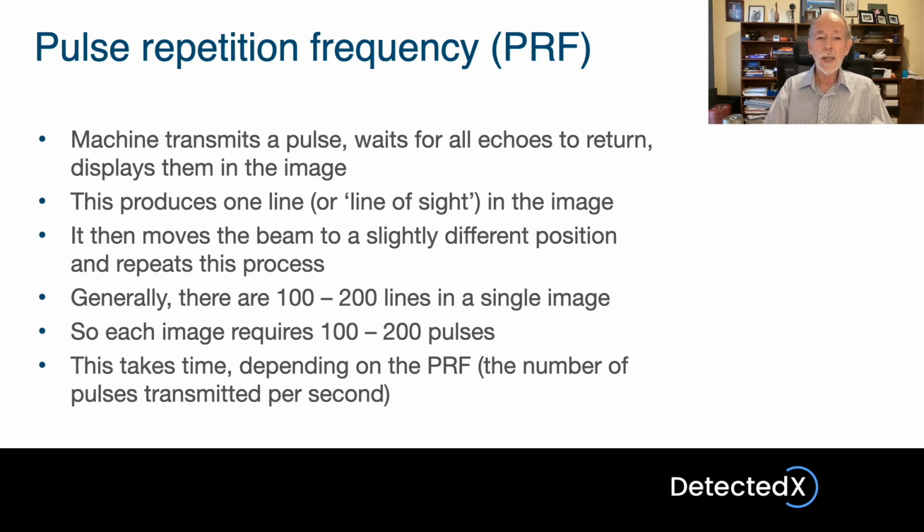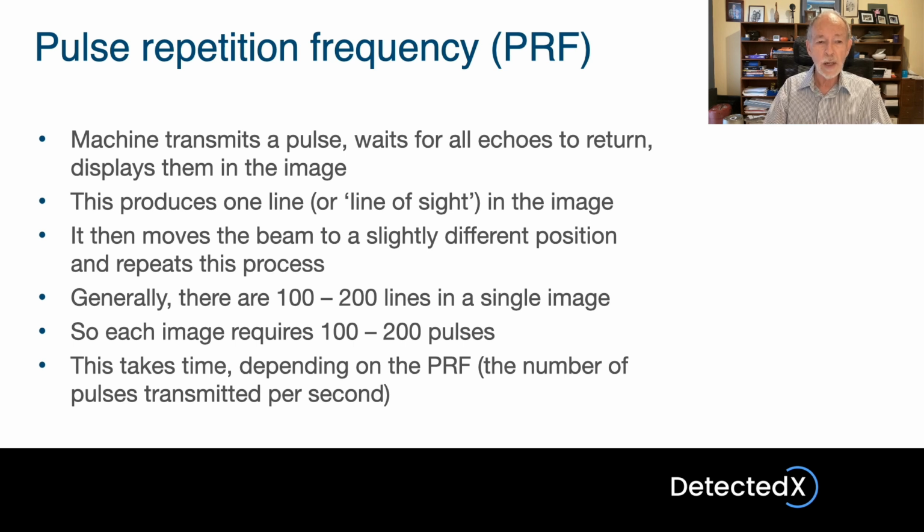As a generalization, most ultrasound images contain somewhere between 100 and 200 lines. And so with this simple imaging process that I've just described, the machine is going to require 100 to 200 transmit pulses in total to create a single image.